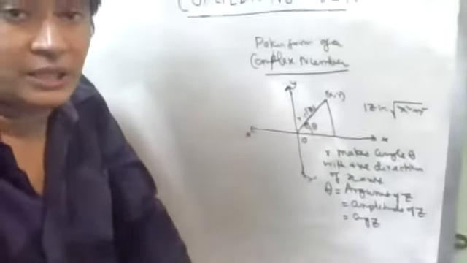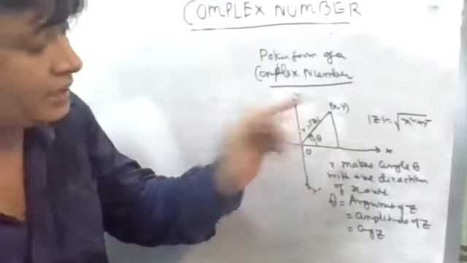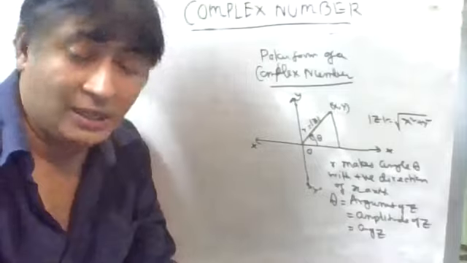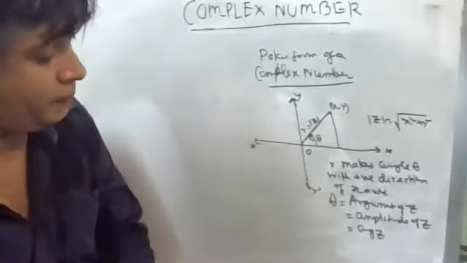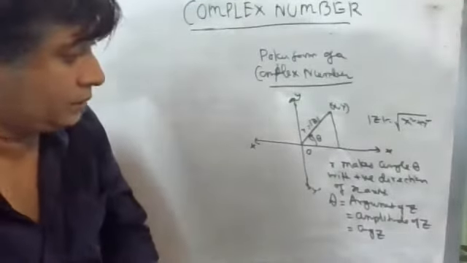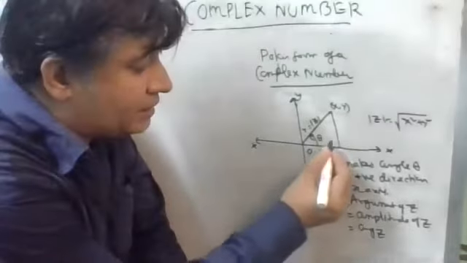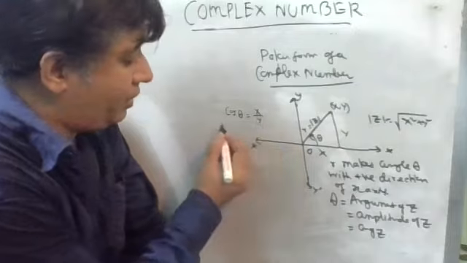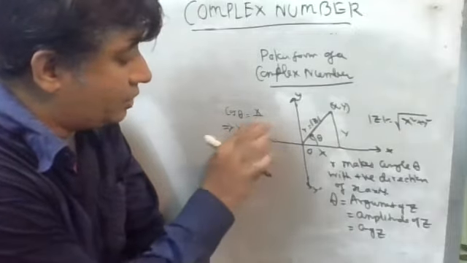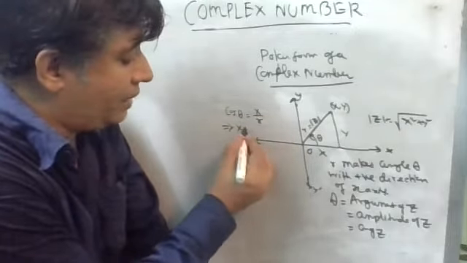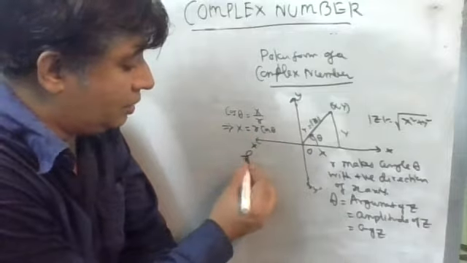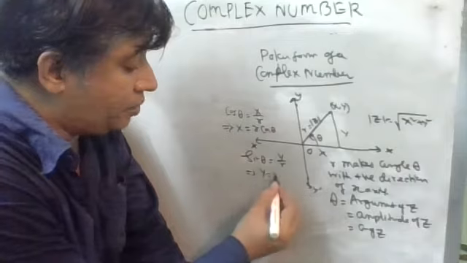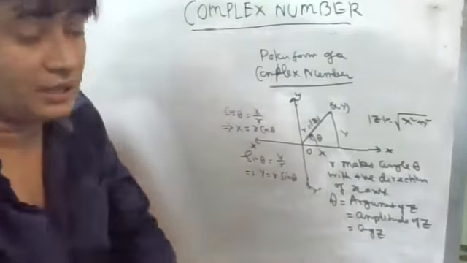Now the question is how to convert this Cartesian form of a complex number into polar form and how to find the argument. See, if this is x and this is y, cos theta is equal to x by r, which implies x is equal to r cos theta, and sin theta is equal to y by r, which implies y is equal to r sin theta.